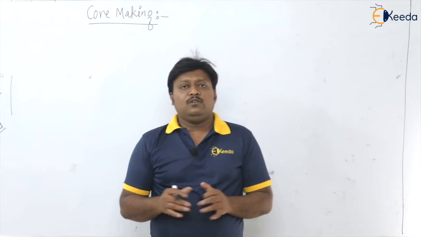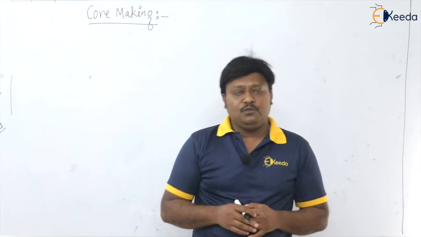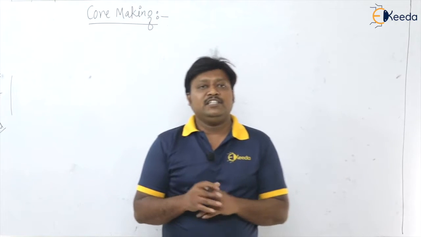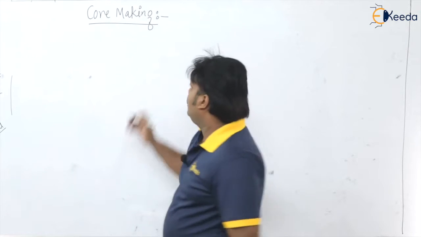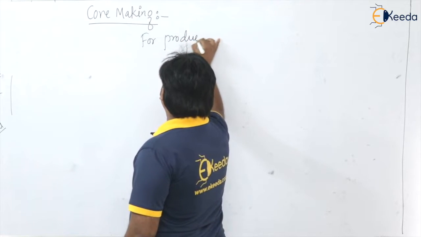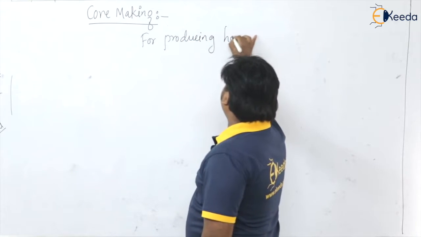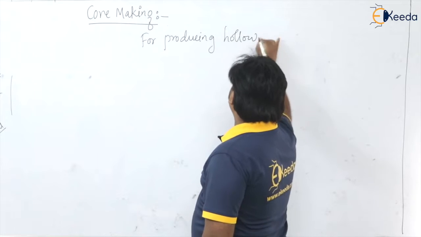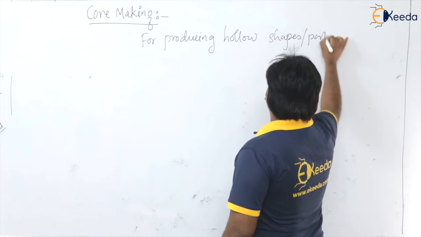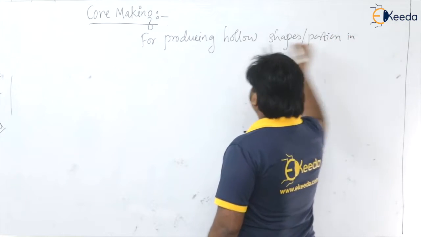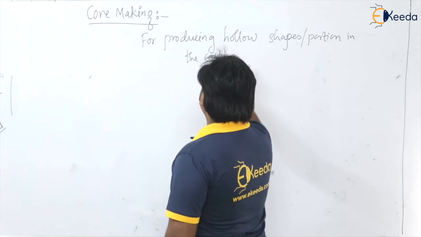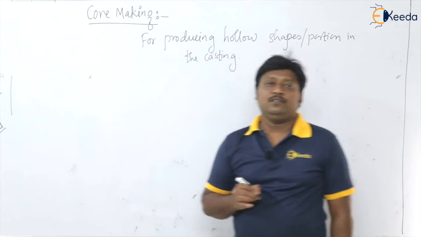Whenever you want to produce any hollow portion in the casting, we use a core. So for producing hollow shapes or portions in the casting, we are using the cores.